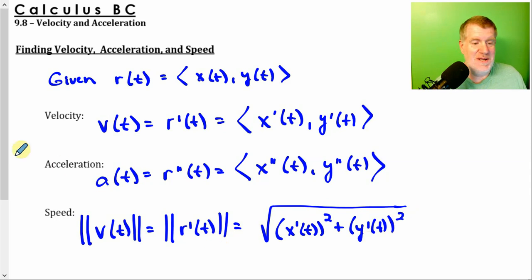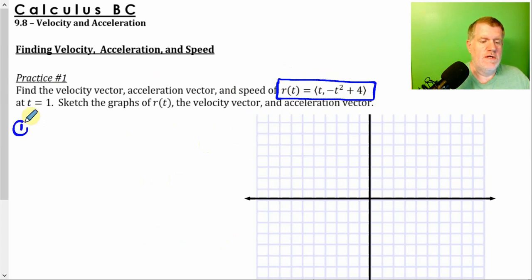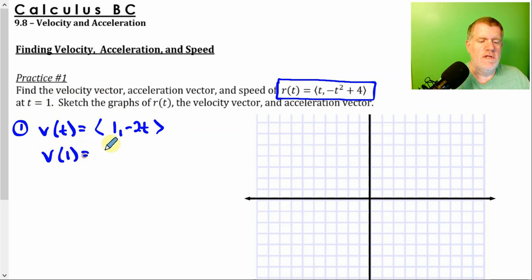All right, let's use it. I'm given this as my position function, and I'm going to find 3 things. Number 1, the velocity vector at 1. So the velocity vector, first of all, is the derivative, which would be <1, -2t>. If I evaluate that at 1, I get <1, -2>. There's my velocity vector.